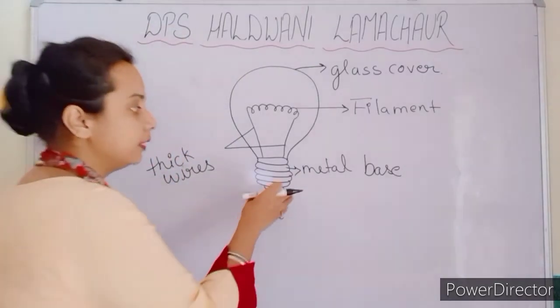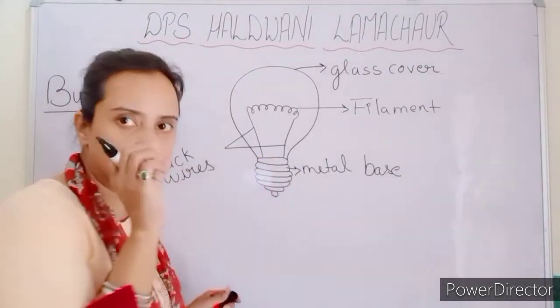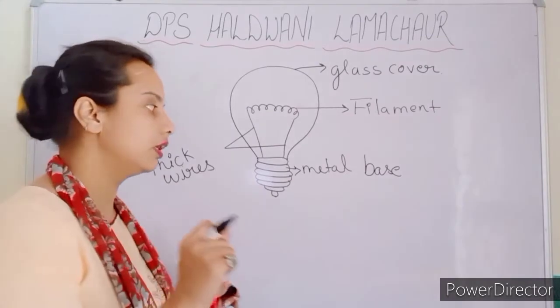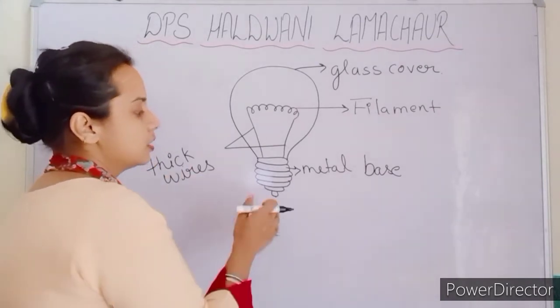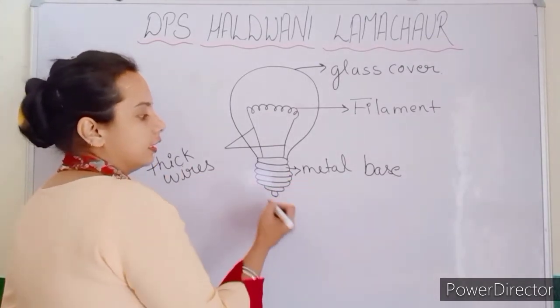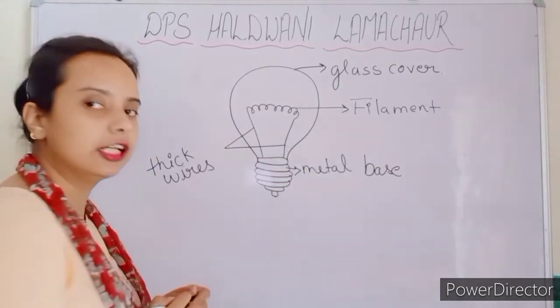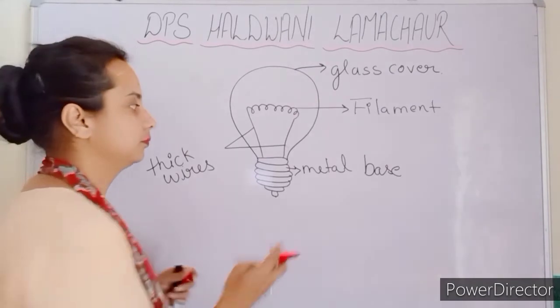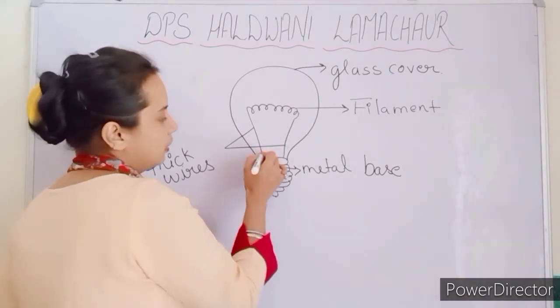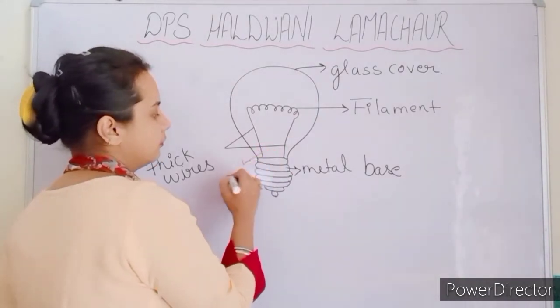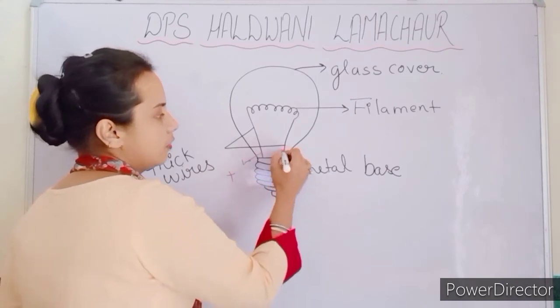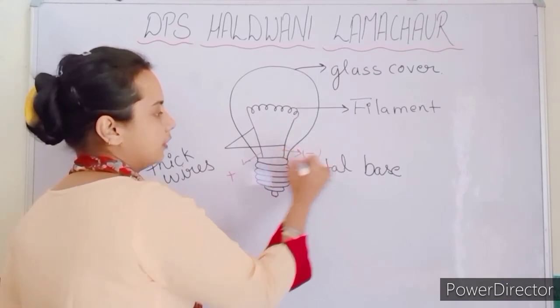So when we fit this electric bulb in a socket and switch on the bulb, the electric current passes from the positive to the negative terminal, it starts flowing. For example, let's assume that this is connected with the positive one and this wire is connected with the negative terminal.